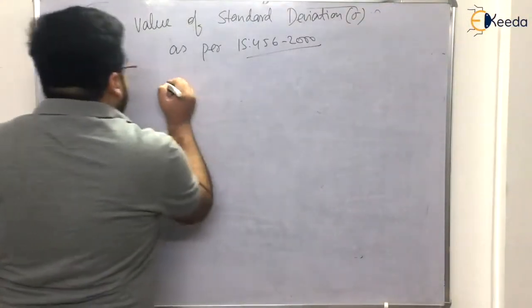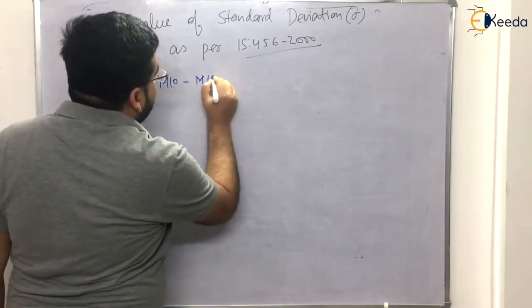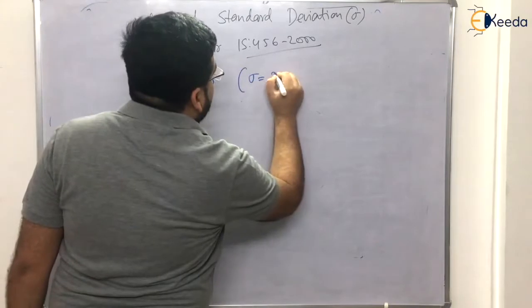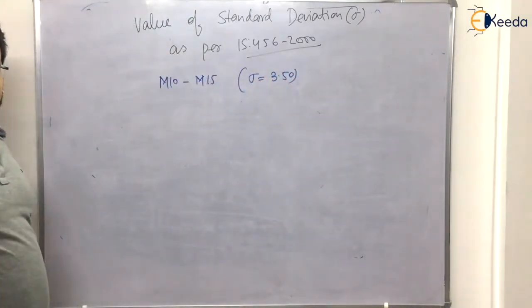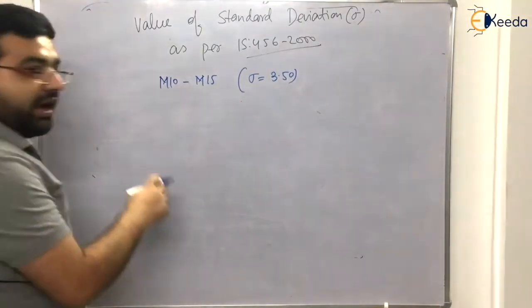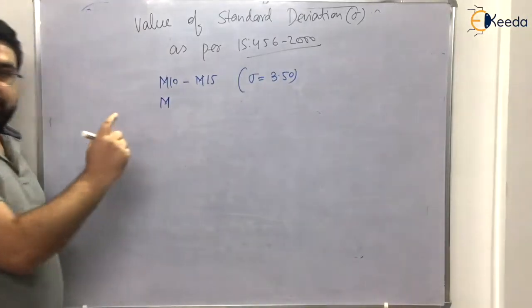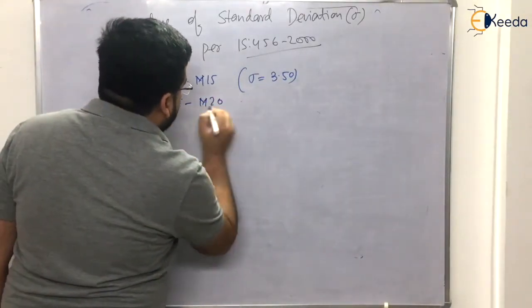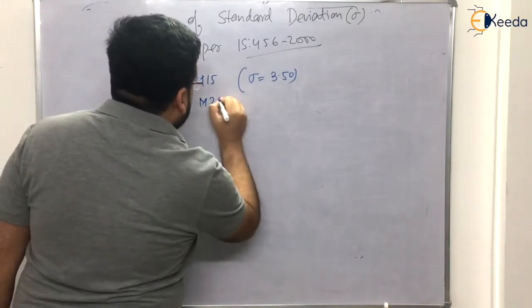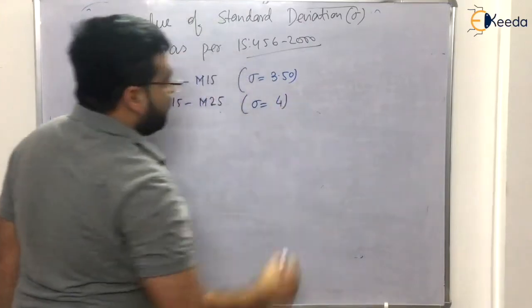So if you have M10 to M15, the value of sigma is 3.50. If you have M15 to M25, then the value of sigma is 4.